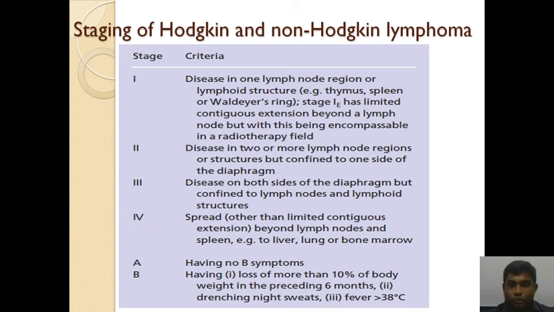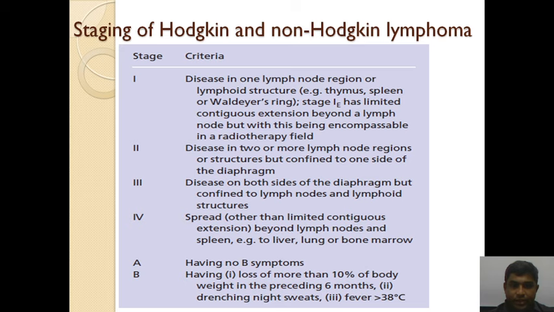In stage 2 we have two or more lymph nodal regions, but these are present on one side of the diaphragm. For example, you can have one group of lymph nodes in the right cervical region and another group in the right axillary region, but both are present above the diaphragm.